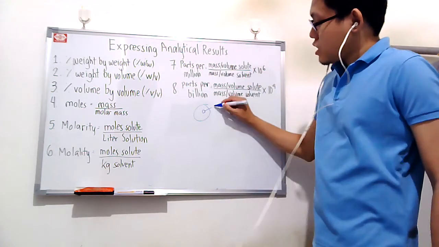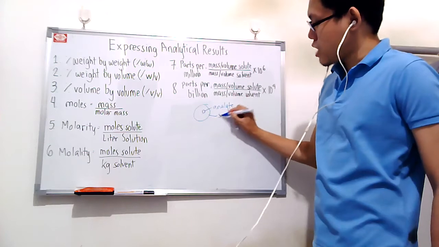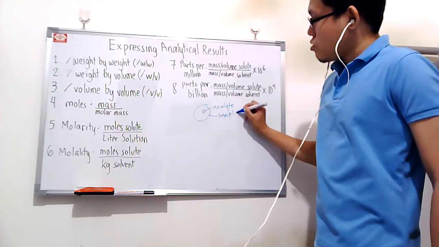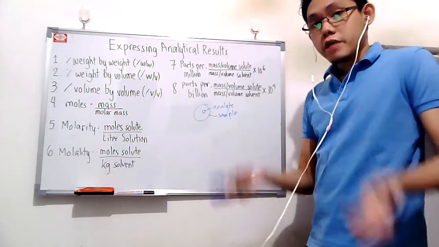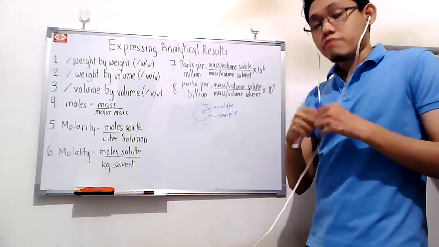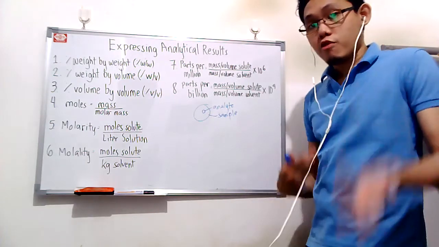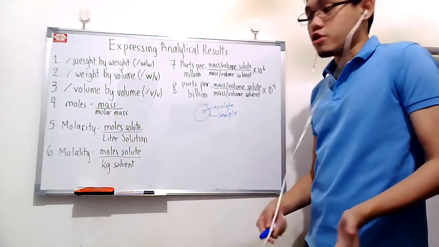So if this is your analyte, and this is your sample, when expressing results, it is commonly referred to as a part of a whole and is expressed as concentrations.